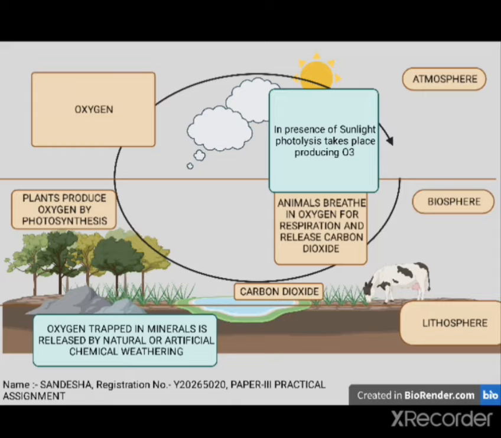The carbon dioxide is then taken up by algae and terrestrial green plants and converted into carbohydrates through the process of photosynthesis, of which oxygen is a byproduct. So the carbohydrates produced by these photosynthetic organisms ultimately give rise to oxygen given to the environment.